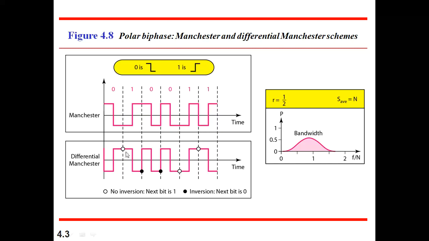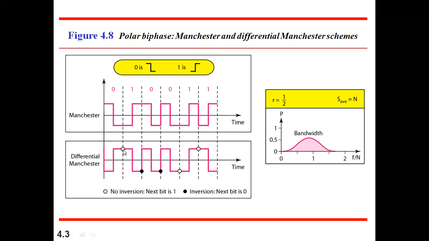Whenever there are sequential ones, if a 1 appears, it should take the transition, as we have seen already. Here this positive 1 bit starts from the positive voltage and moves towards the negative voltage by taking the transition, whereas the next 1 bit should be exactly the inversion of the previous one.